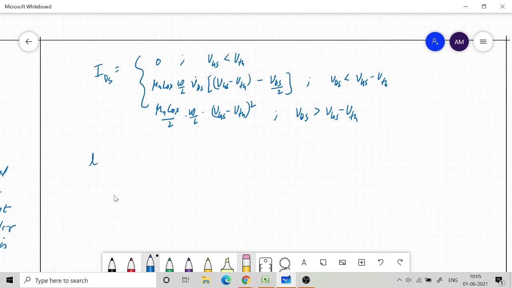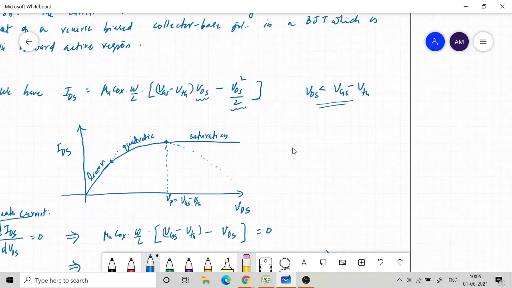So what is that lambda parameter? In the SPICE, we have used this in order to make the curves look slightly different from the ideal curves.